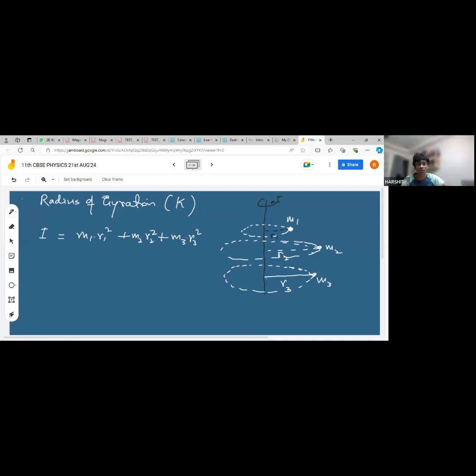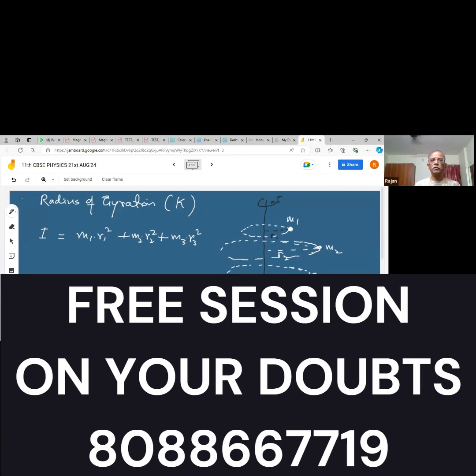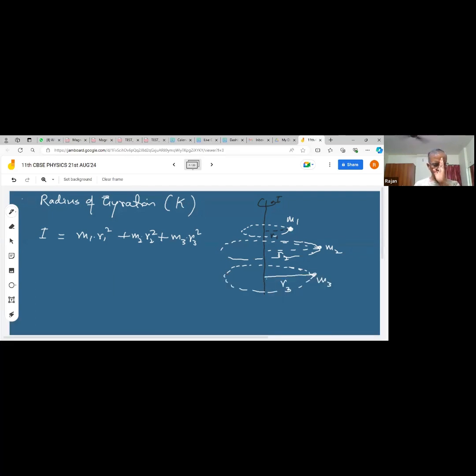Okay. Yes. Now radius of gyration says that if M1, M2, and M3 are at the same distance, correct? At the same distance, this M1, M2, and M3, you keep them such that it gives the same moment of inertia, right? As these are giving at their own places.